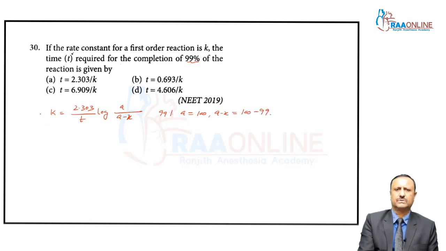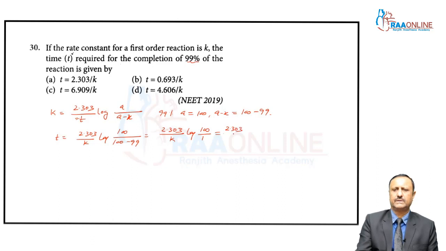Now we can solve this. Here we want the time t required for completion. So you can put t is equal to 2.303 upon k log 100 upon 100 minus 99, that equals 2.303 upon k log 100 upon 1, which is 2.303 upon k log 100.